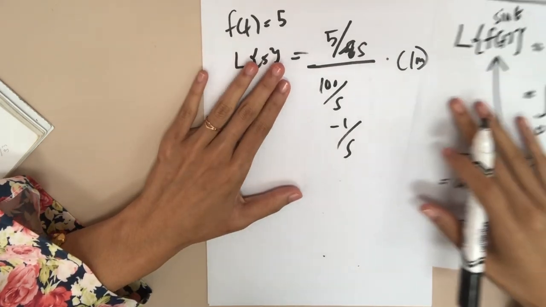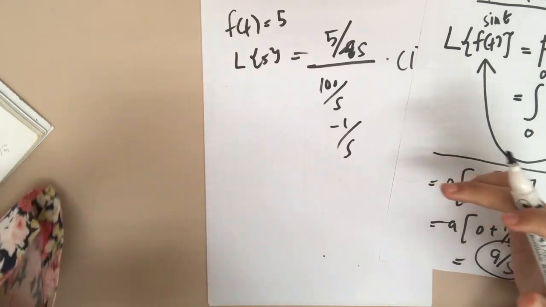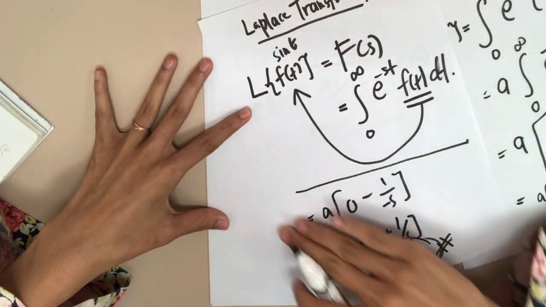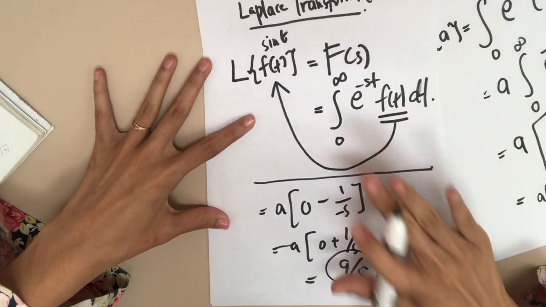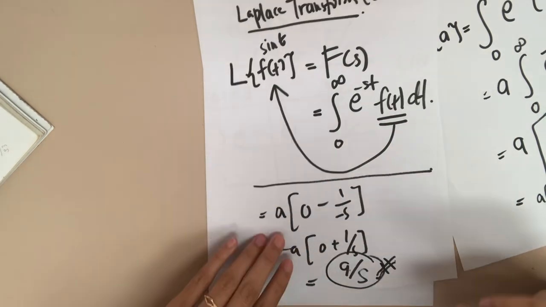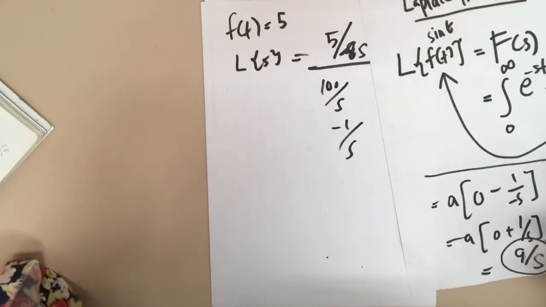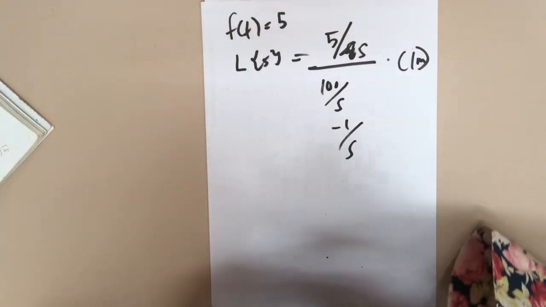But as a starting point, because we just entered this topic, you should know how to get it by using the definition. In the next video, I will show you the table first, then we will use the table to answer the Laplace transform.